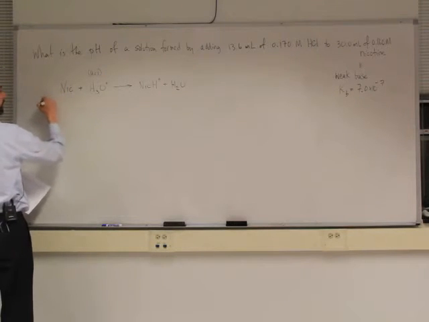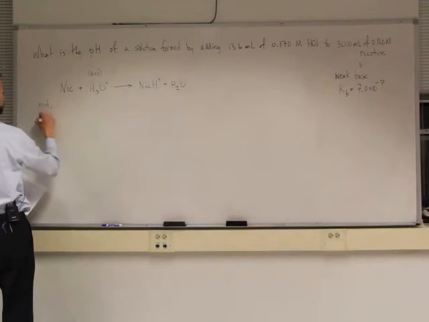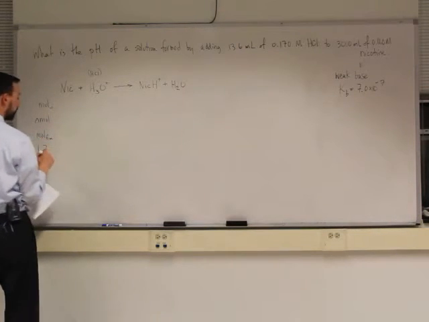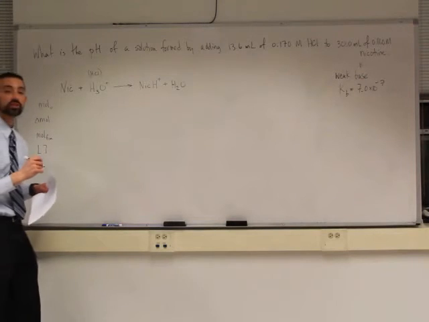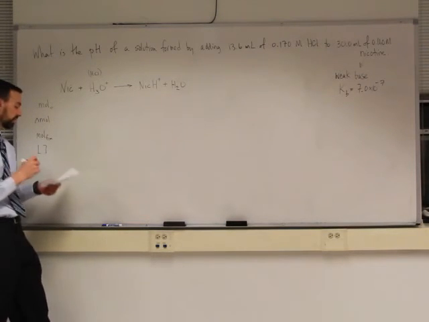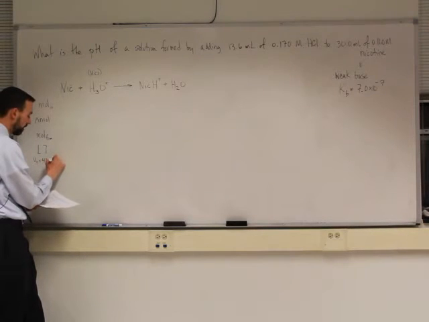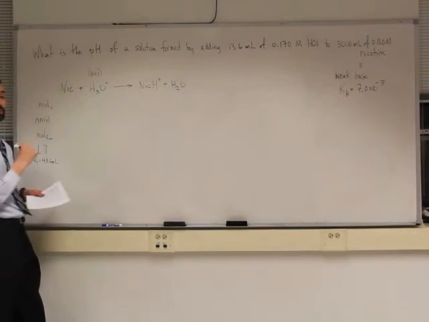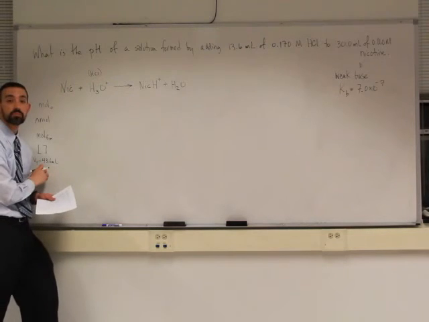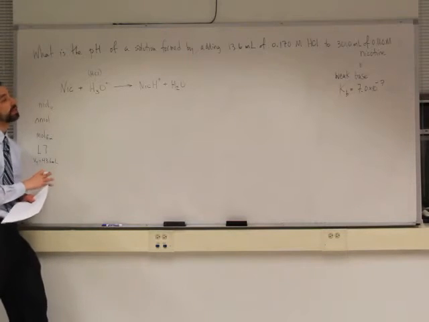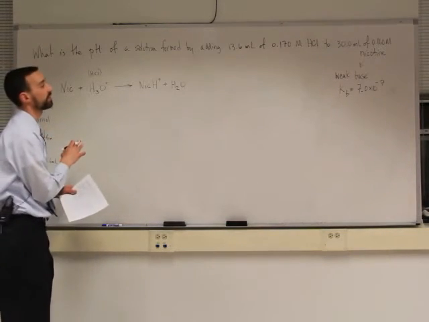Now, we have a forward reaction, so we will solve this problem with a reaction table using moles. So I've got moles initial, change in moles, and my final moles, and then my concentration row. My total volume, when I go to calculate that, is the sum of the two, 30 and 13.6, so 43.6 milliliters. Okay? Now, just like we did last time, molarity times volume gives us our moles.